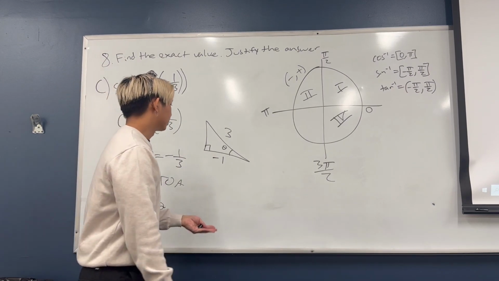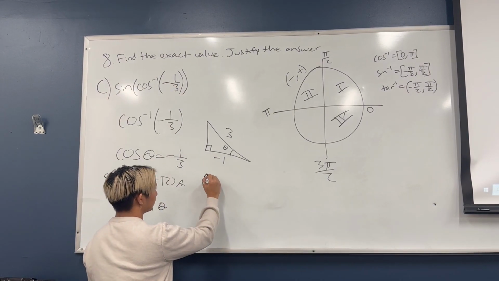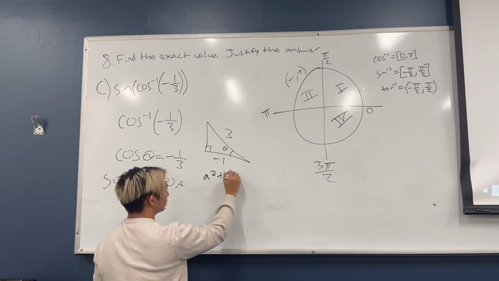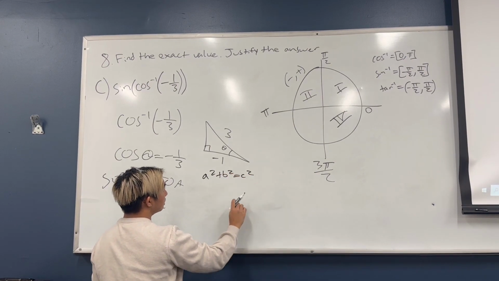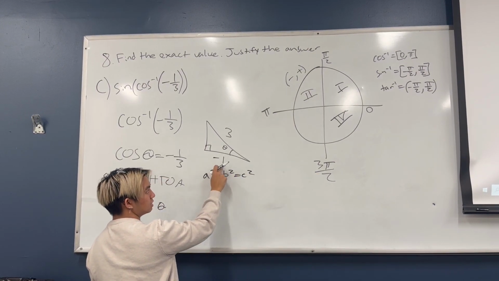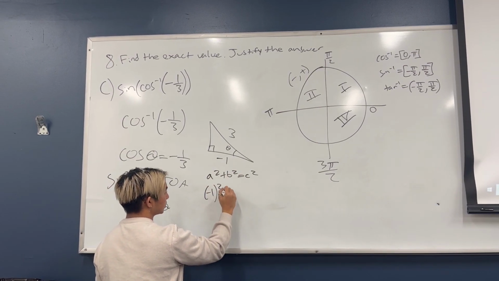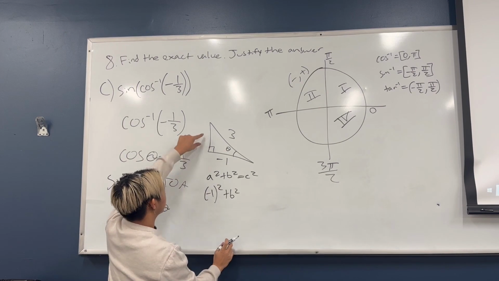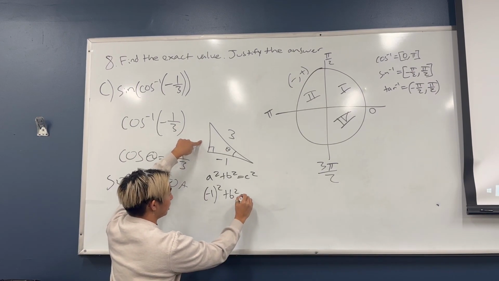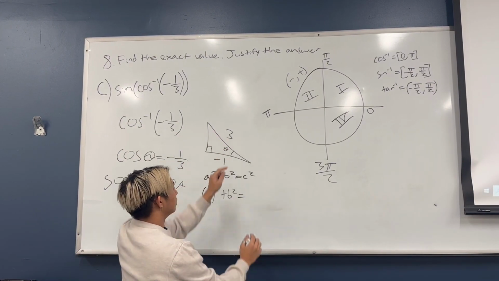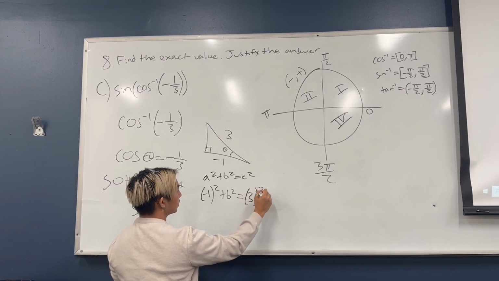So what does that mean we have to do? Pythagorean theorem. If you remember the formula for Pythagorean theorem, it's a squared plus b squared equals c squared. Let's call this adjacent a. So we have negative 1 squared plus b squared, because we don't really know what this b is. And our c squared is always our hypotenuse, so in this case, it's 3 squared.